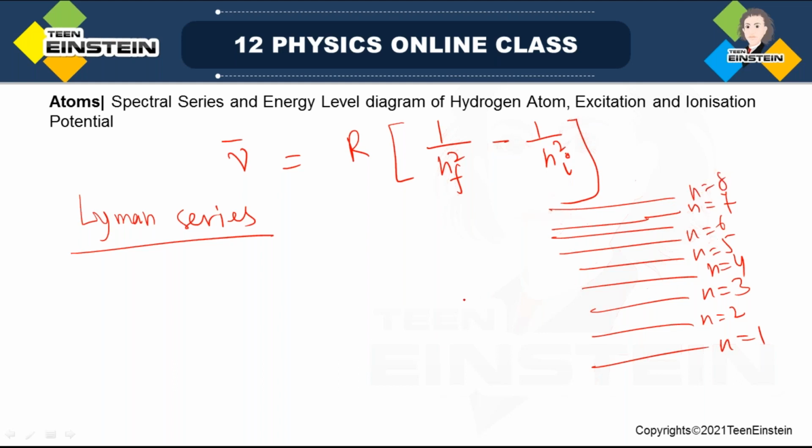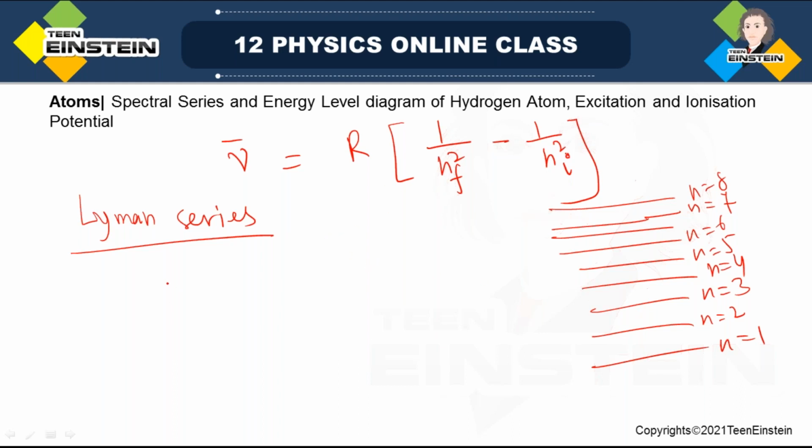I can take them one by one in ascending order, and as we go higher and higher, energy increases compared to the lower energy level. This will actually have very little space between levels, but my drawing is not according to that. Anyway, just to understand the Lyman series, I am drawing this.